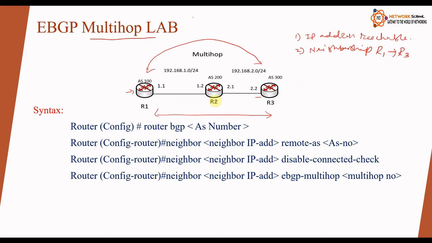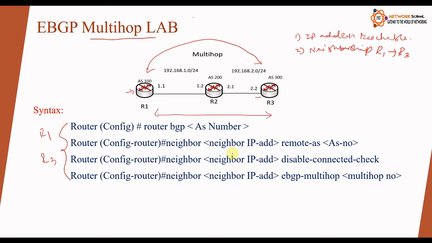These are the configurations that I will be using in my lab here. First of all, I will go to router 1 and apply this configuration, and then I will go to router 3 and apply these configurations. So let's see how this works.